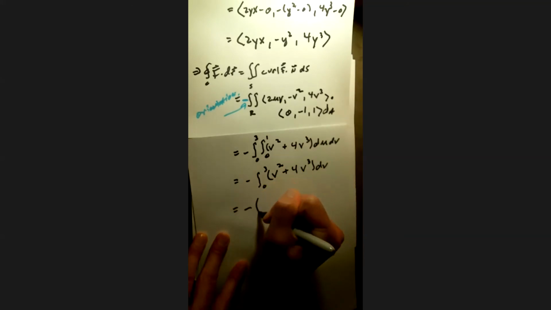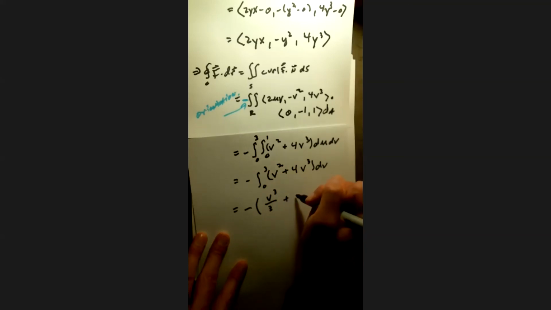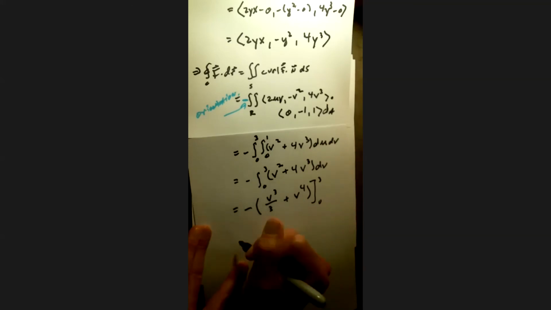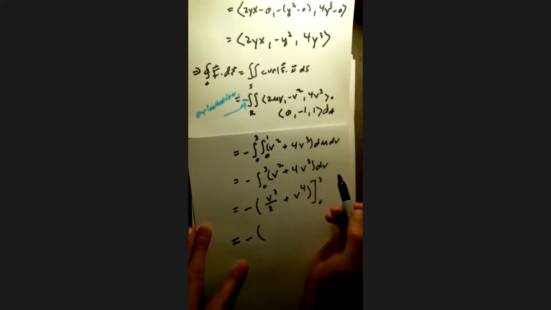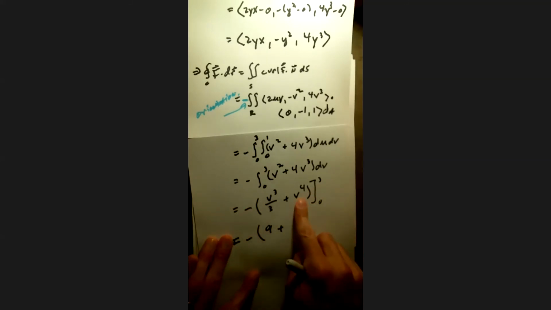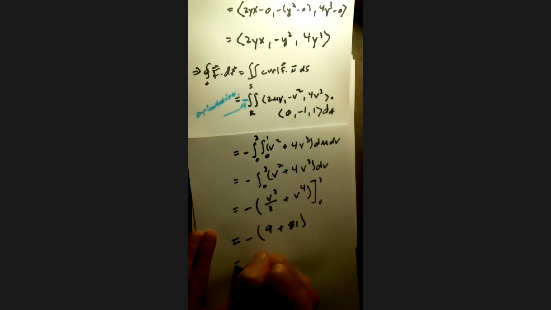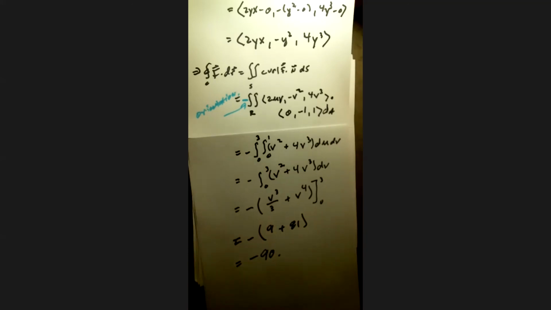And then we have negative v cubed over 3 plus v to the 4th from 0 to 3. 27 over 3, which is 9, plus 3 to the 4th, 81, or negative 90, all told. Whew. Questions about that?